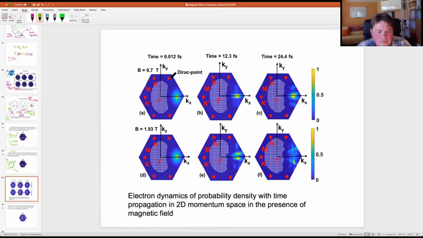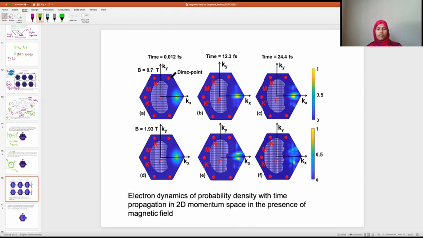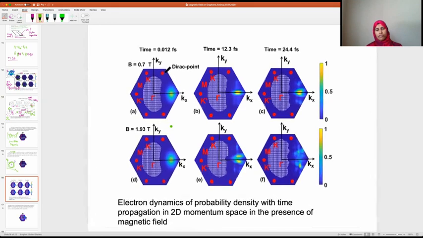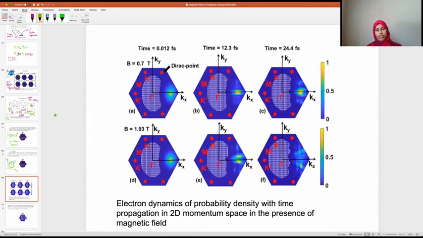Here we can see the snapshots at different instants of time. Snapshots of electron probability density dynamics. As we can see, if we apply higher value of magnetic field, this electron probability density distribution is more delocalized.